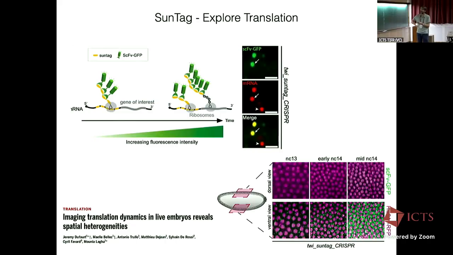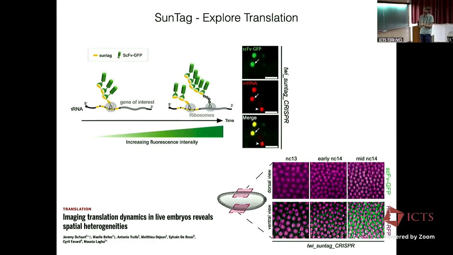So as your RNA moves through the ribosome, you start seeing these green spots come up as it binds. You can check that it's real because you can also look at the mRNA, and when the mRNA and the SunTag overlap, you know you have translation, and where you just have a dot, that's just a piece of RNA, not in a ribosome being translated.